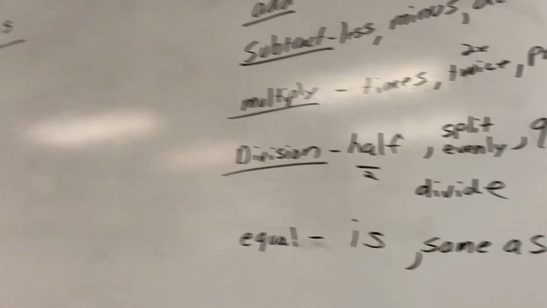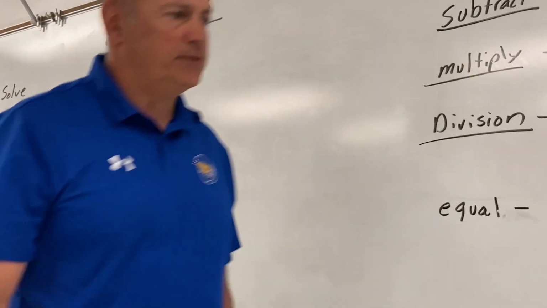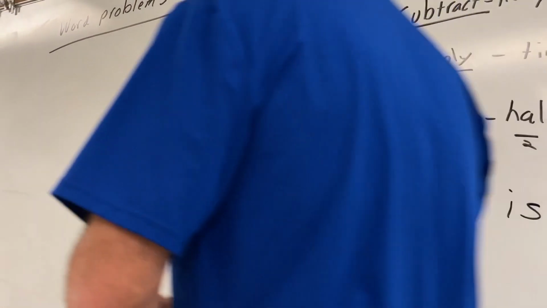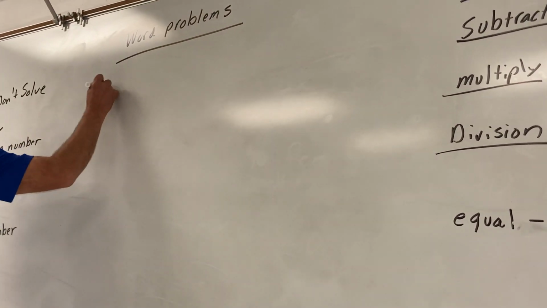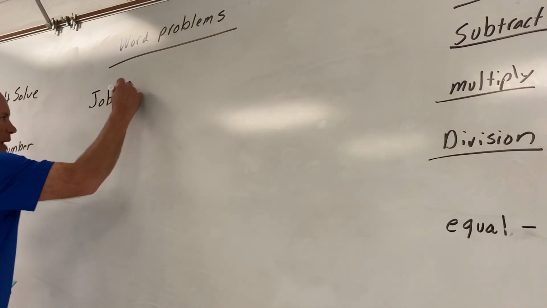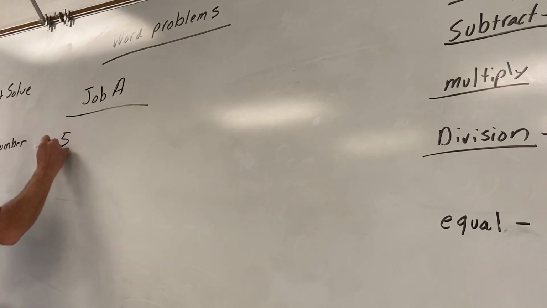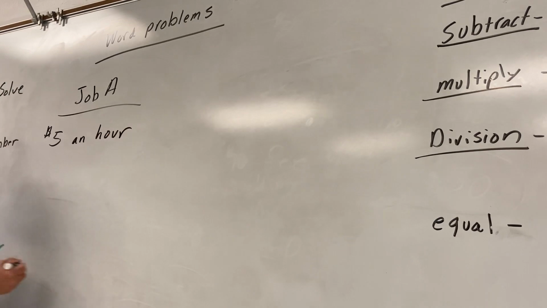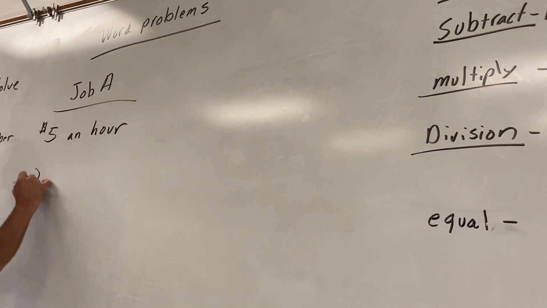All right, let's try this one. Job A pays $5 an hour and has a $20 bonus.